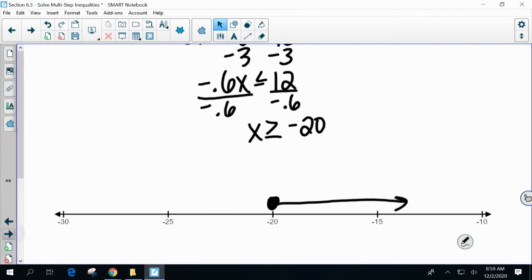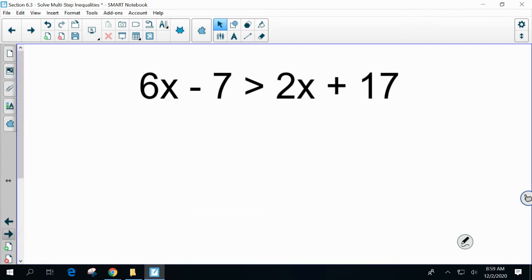Okay, so the next one starts out a little different because we have variables on both sides. We've already done this with an equal sign, but we've never done it with an inequality. The same rules are going to apply though. So what I would do first is get my x's together. I choose to move my smallest x, which would be the 2x. You don't have to do it that way. There's 4 ways you could start this problem, so my way isn't necessarily the only way.